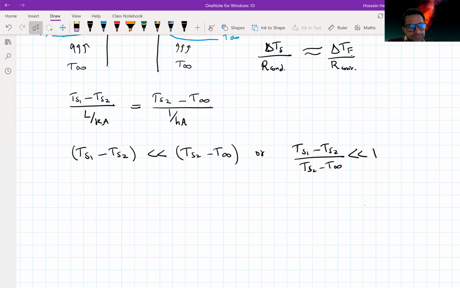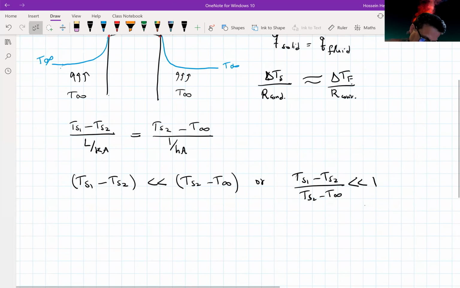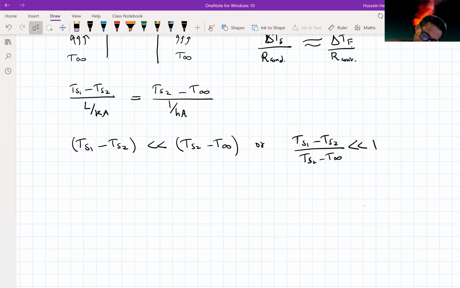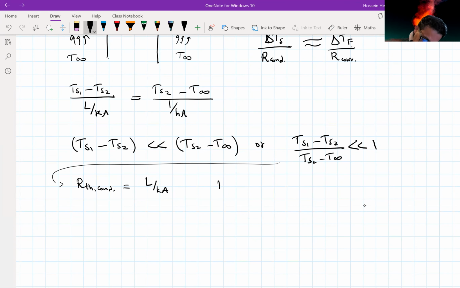And so to have a negligible temperature gradient, we want to have a very small thermal resistance in terms of the solid. Let me write this down first. The R thermal for conduction is L over KA, and for convection is 1 over HA.